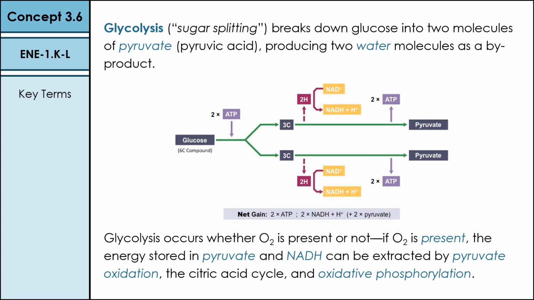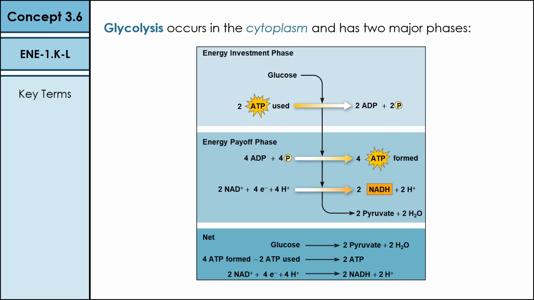Now, when we look at the process of glycolysis, it's important to recognize that there are essentially two phases. The initial phase, the energy investment, is where we actually have to put in some cellular energy. Now, this is a drop in the bucket compared to the amount that we're eventually going to make. So usually cells are okay with giving up an initial little bit of energy in order to get a much greater amount at the very end.